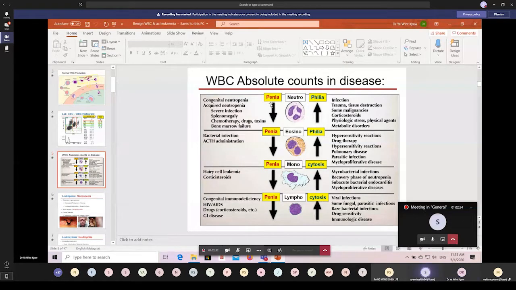Because neutrophils are short-lived cells. Splenomegaly is followed by hypersplenism, which can cause increased lysis of the cells, right? Not only WBC, but also RBC and platelets. So increased spleen size can be associated with neutropenia.